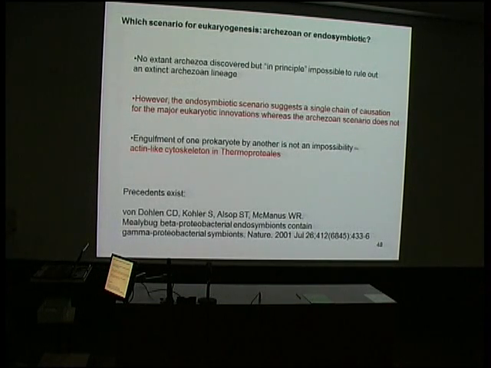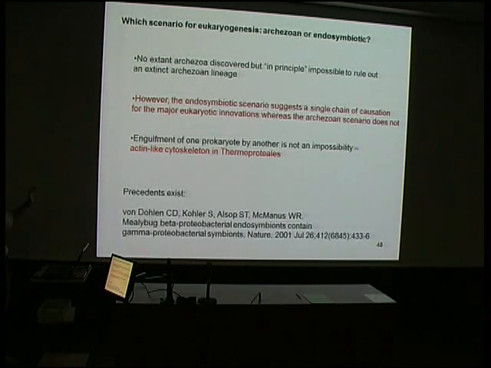It's not impossible in principle to imagine that they have existed but have gone extinct. More importantly, however, with the archaeosaur scenario, we really have no clue as to the origin of the molecular complexity of the eukaryotic cell, whereas in the endosymbiotic scenario, there seems to be a single chain of causation for the major eukaryotic innovations.